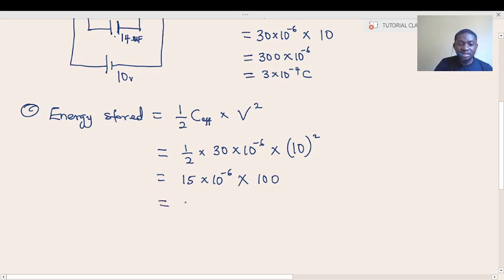If you multiply 100 by 15, that is 1500 multiplied by 10 raised to the power minus 6, which is 1.5 times 10 raised to the power minus 3. Energy stored is always in joules.